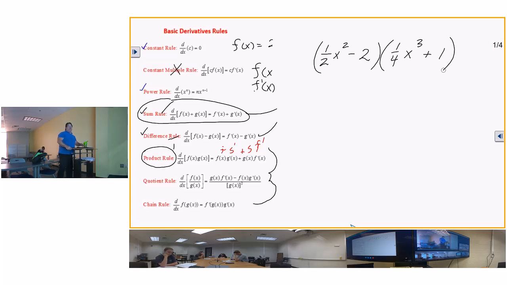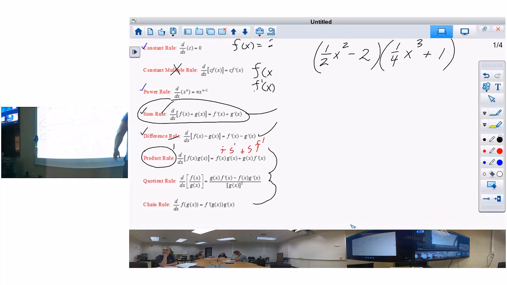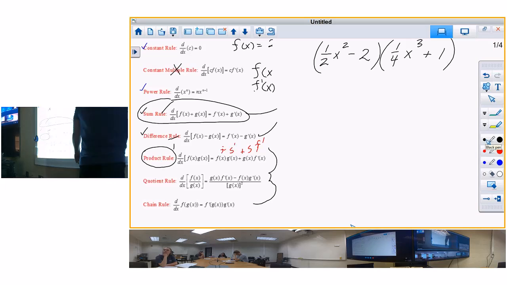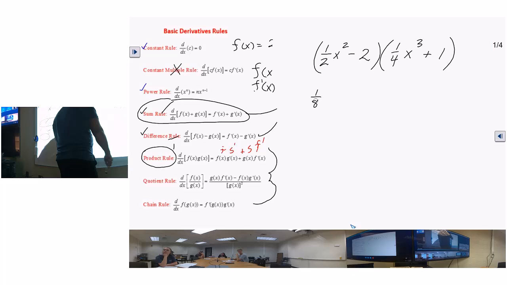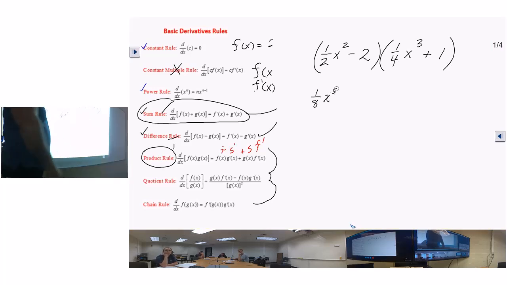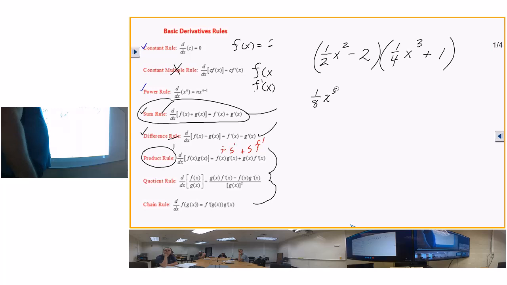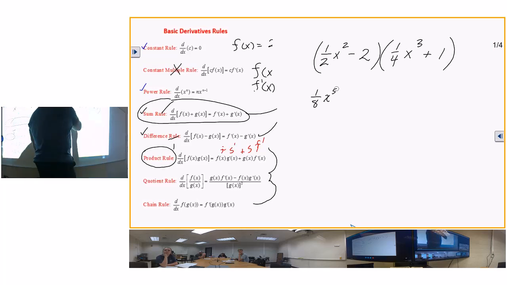So you'll have to go, okay, 1/2 x squared times. So this is going to be the function right here. What's 1/2 times 1/4? 1/8, Hubert. X to the what? X to the 5th. Then what? Outside, 1/2 x squared.